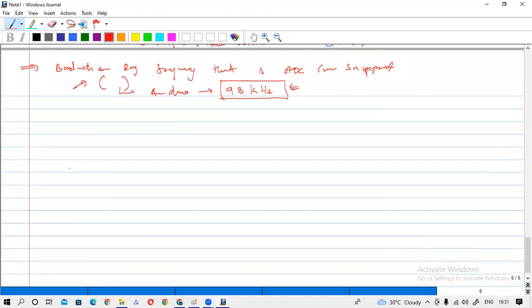I will give you one example again. Try to do this by yourself. I will come back, so don't leave. If you have any other work, you can do it, no issue, but try to do this exercise. This is exercise 2.